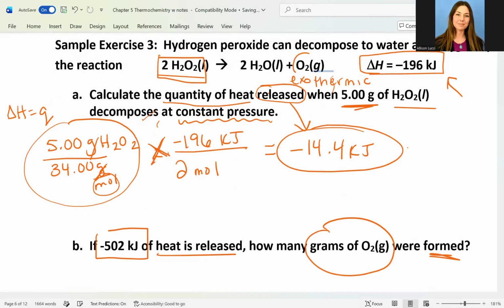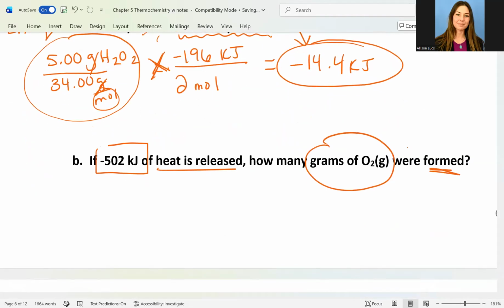So we see for every 1 mole, that relationship to the negative 196. So we can say that if we released negative 502 kilojoules, we can use that conversion factor and say that for every 1 mole of O2, we release negative 196 kilojoules.